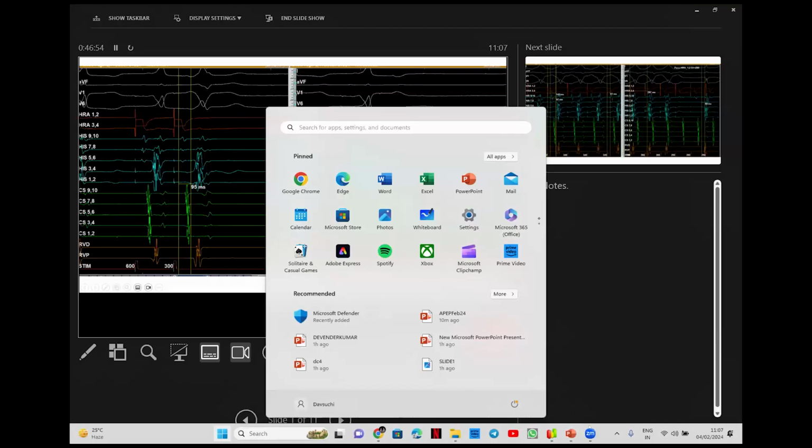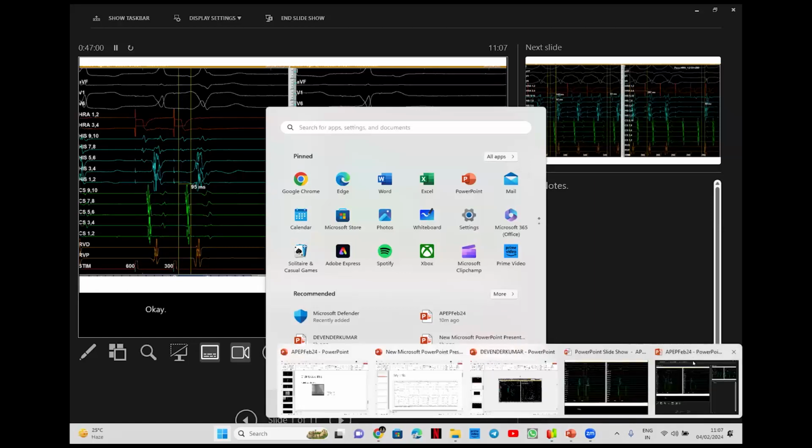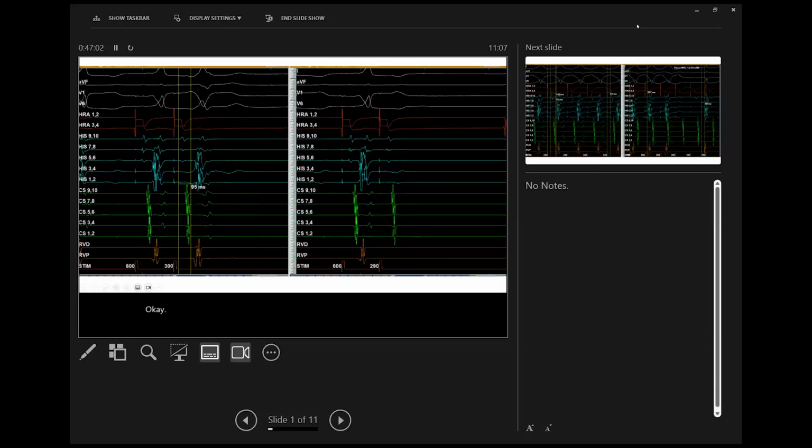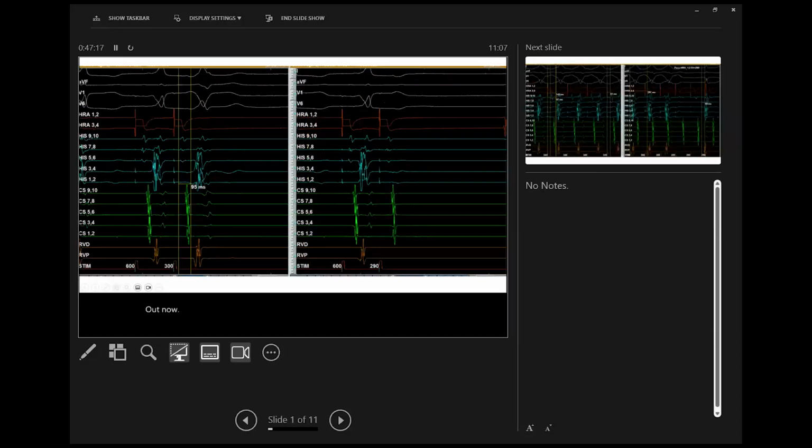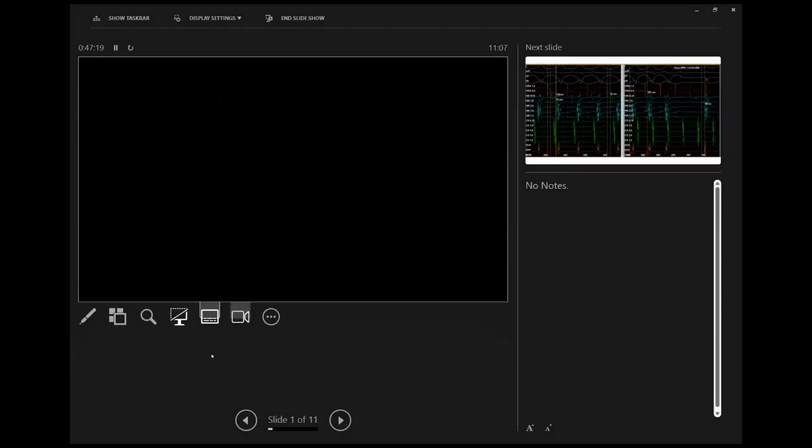I think you'll need to go to the display settings or something. How about now? We are still seeing the presenter mode, not the on-screen mode.